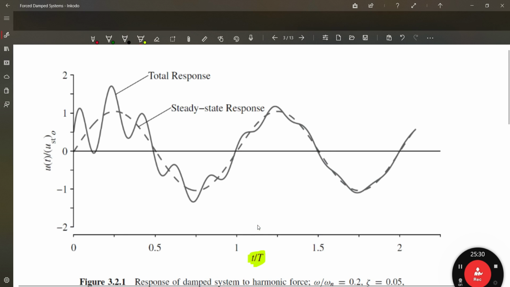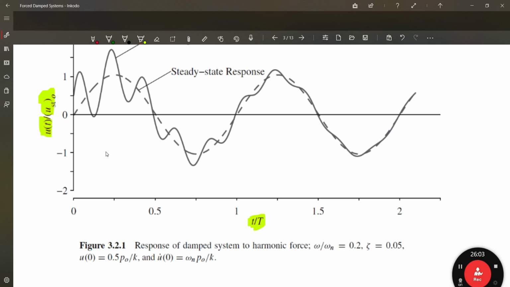And here the vertical axis is u(t), the total response of the system, over u static node, which is the maximum, or we can say the static response of the system.